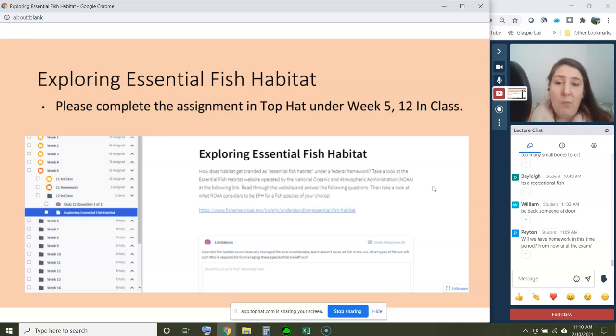Okay, so I do have one assignment for you guys for the last 10 minutes of class, exploring essential fish habitat. You're going to be looking at the website from NOAA that explains essential fish habitat, coming up with some limitations of the legislation that covers essential fish habitat, and finally looking at a mapping tool for a species of your choice to see where essential fish habitat is in the Gulf of Mexico.